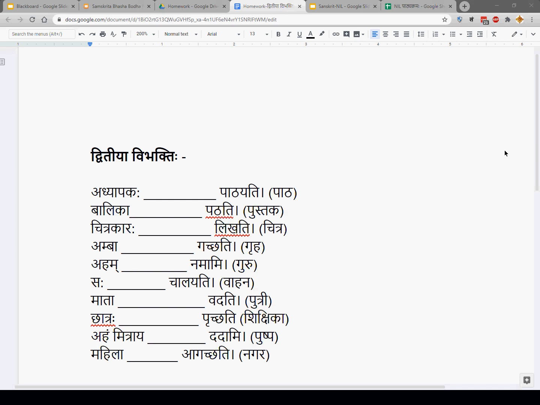In this sentence the Kriyapadam is Pathayati, and here it is Pathati and Likhati. So we need to identify a verb or a Kriyapadam and ask the question what, or kim, on that Kriyapadam.